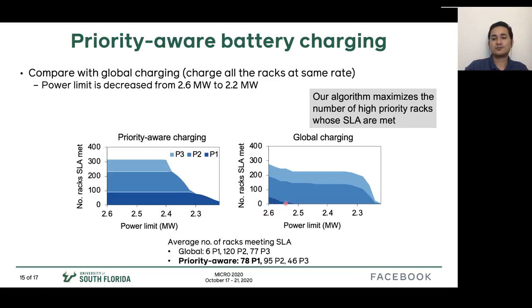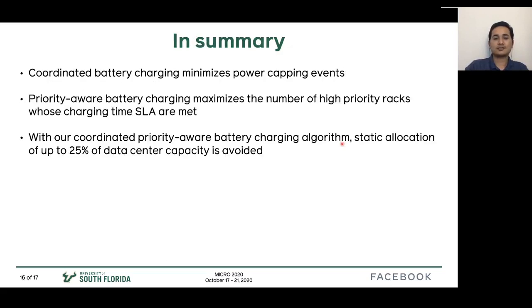This is because P1 racks have higher charging current requirements, while the global charging algorithm charges all racks at the same rate. Hence, our algorithm maximizes the number of high priority racks whose SLAs are met.